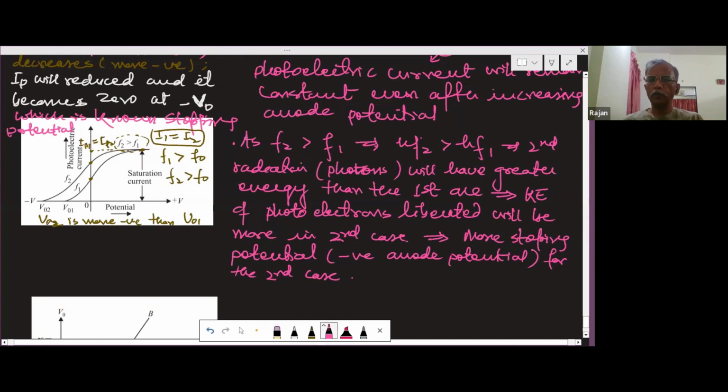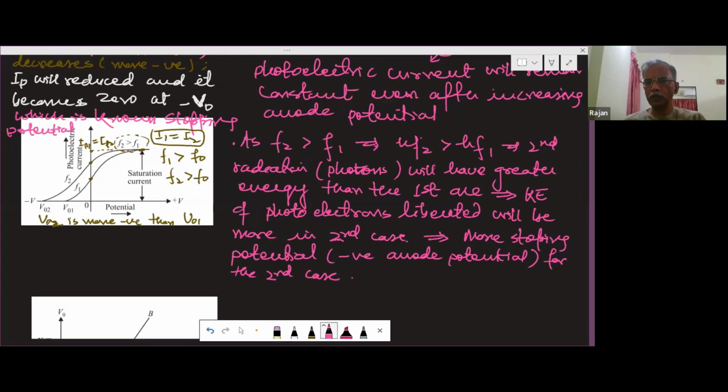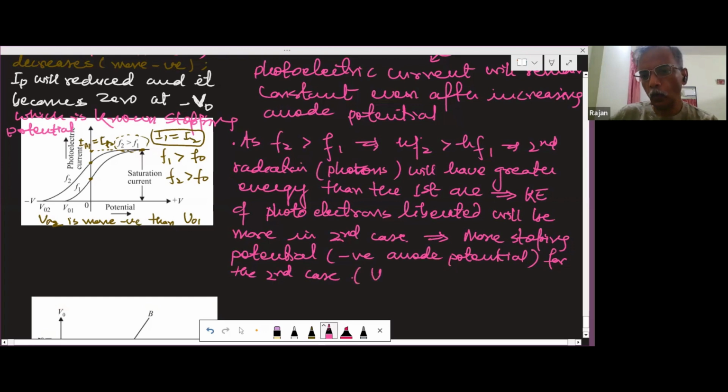A lot of small conceptual questions come out of all these discussions. So that's why I tried to write more than the words written in the book. So the kinetic energy of the photoelectrons liberated will be more, so of course more stopping potential will be required. And that is what you see: VO2 is greater than VO1. I'm talking about the negative potential, in the figure we had seen.